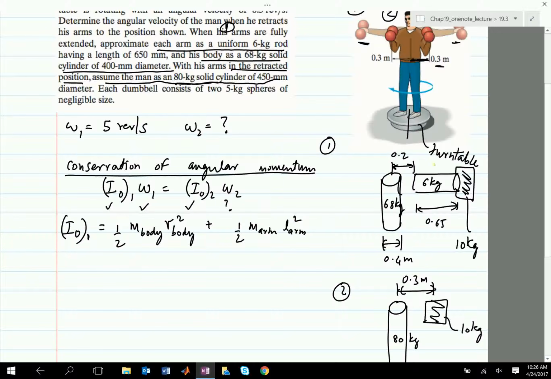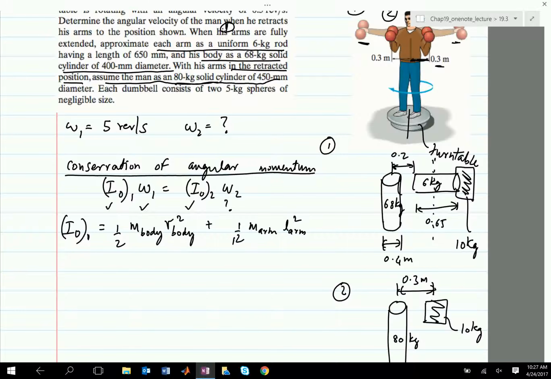Sorry, 1/12, my bad. So this is the inertia about this axis, an axis passing through the center of mass of the cylinder. We assume it's a uniformly distributed mass, so the center of mass passes through the geometric center.